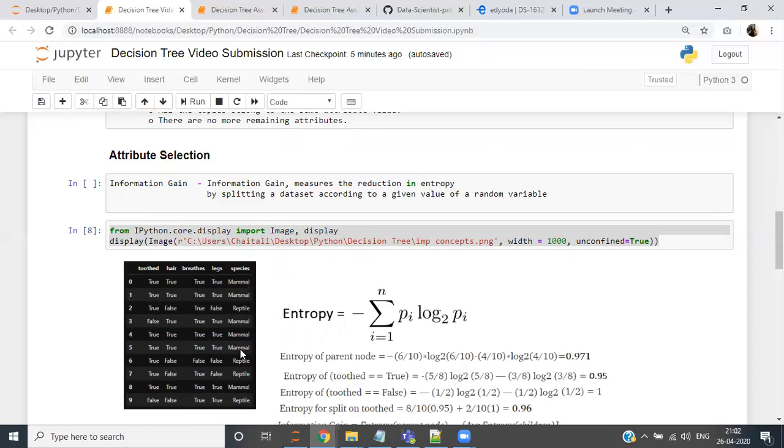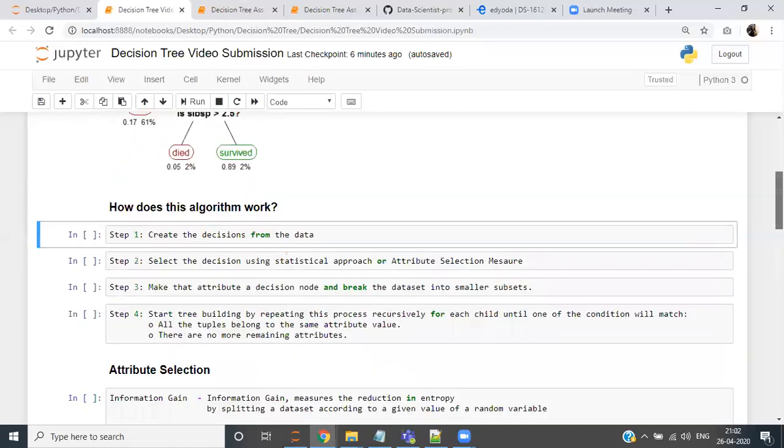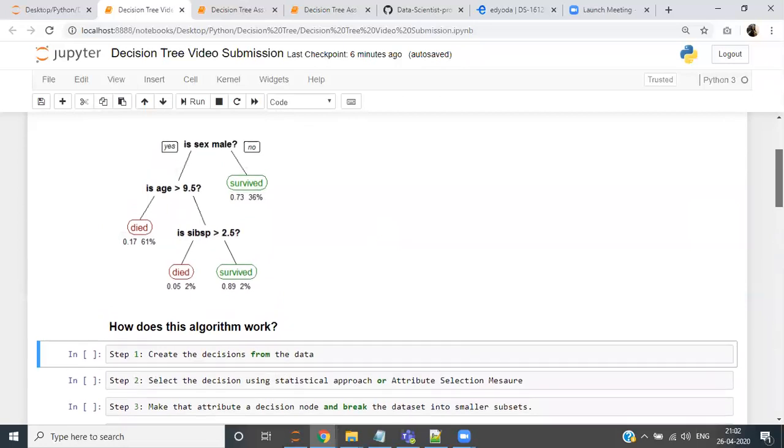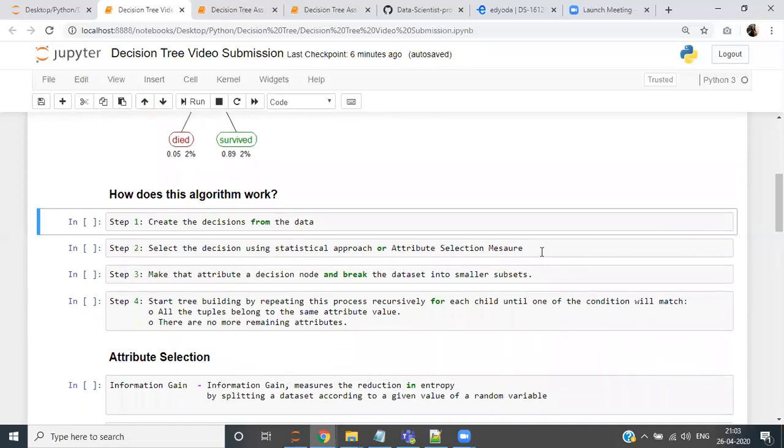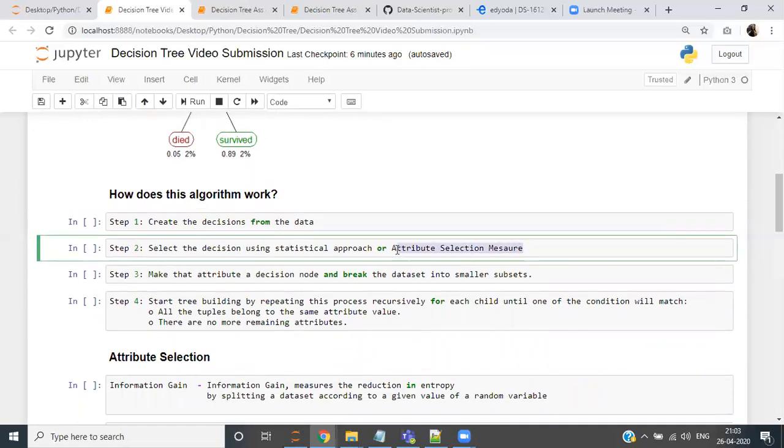If I give you this to prepare the tree, how would you do that? How would you decide what would be the top of the tree over here and what would subsequently fall into the branches? For that, we use the second thing, an attribute selection measure.